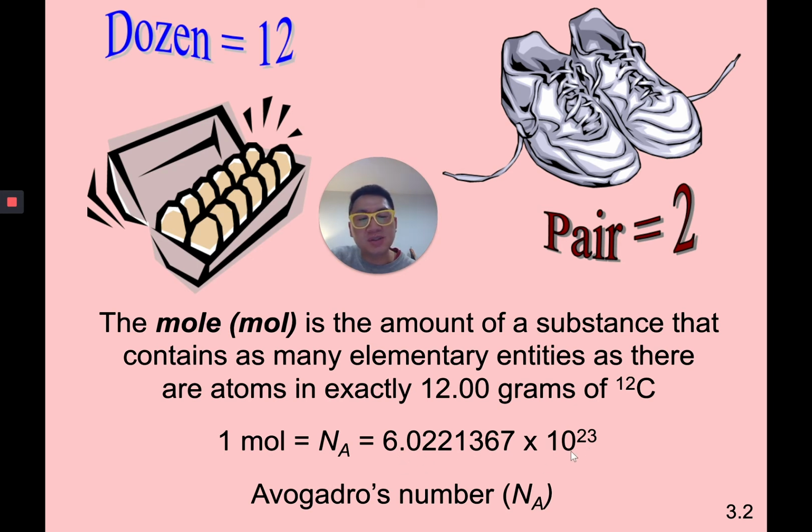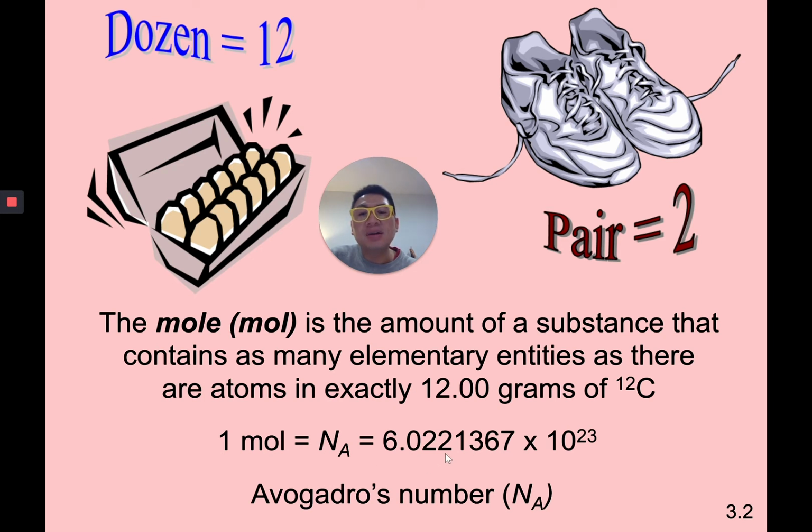If you feel like using 8 sig figs, go for it, but that's kind of going overboard. Like 3.14 is probably good enough for pi in general, but if you want to use 3.141596, go for it. So 6.022 times 10 to the 23rd is good enough for us, 4 sig figs.